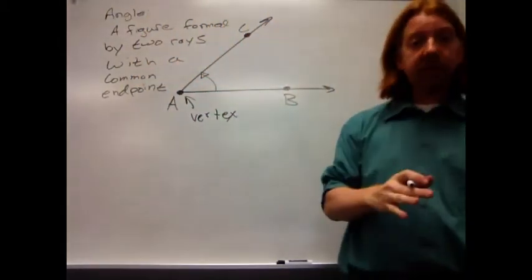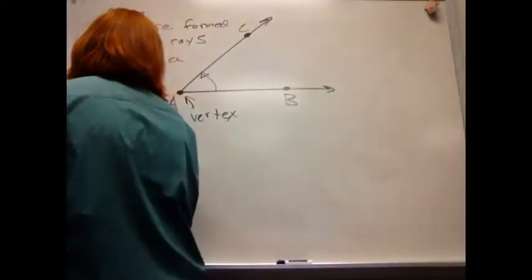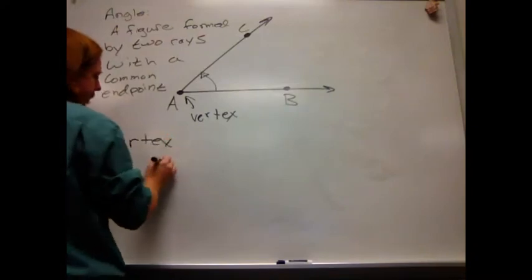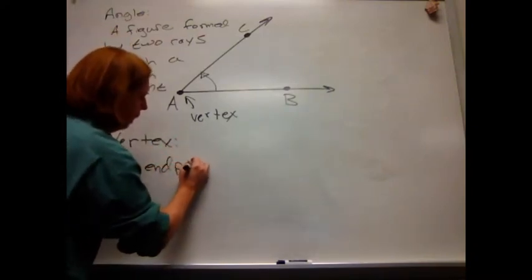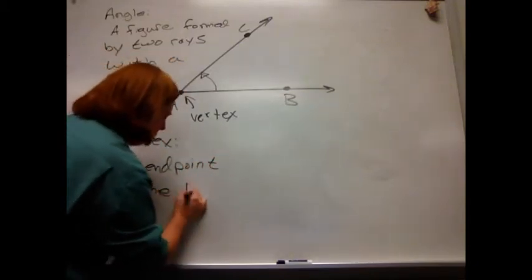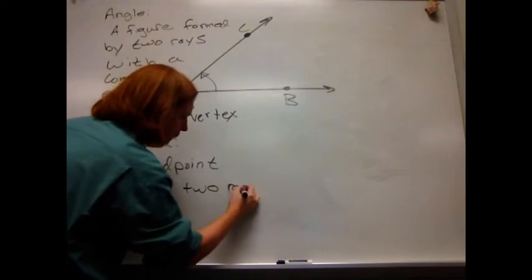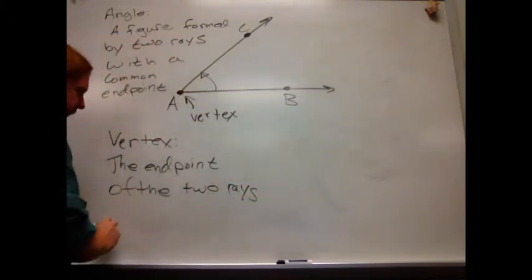Now the definition of vertex would be the endpoint of the two rays of the angle.